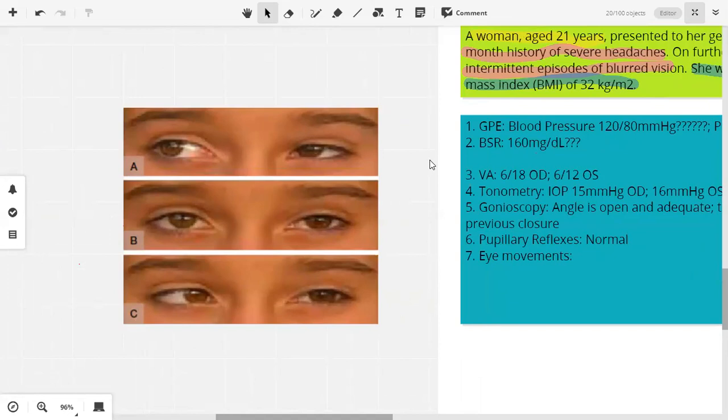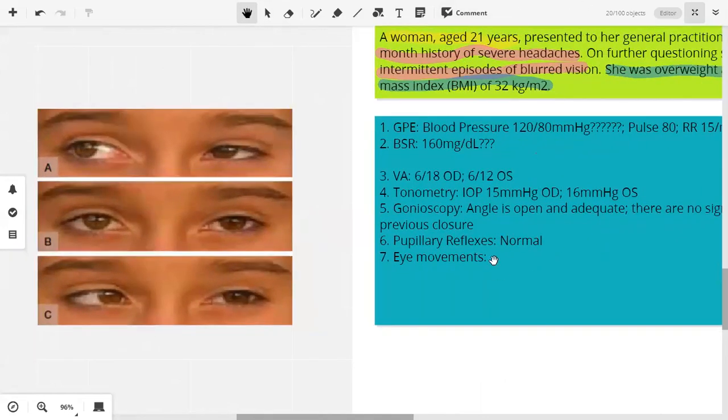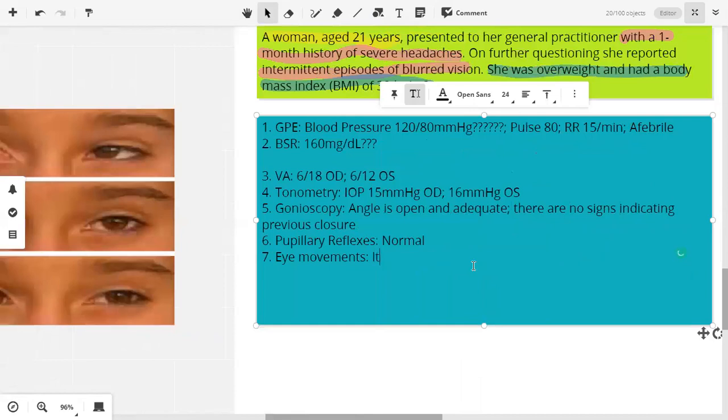Left sixth nerve palsy, which is affecting which muscle? The lateral rectus. So you have left CN VI, cranial nerve 6 palsy, or in simpler terms, the left lateral rectus is affected.